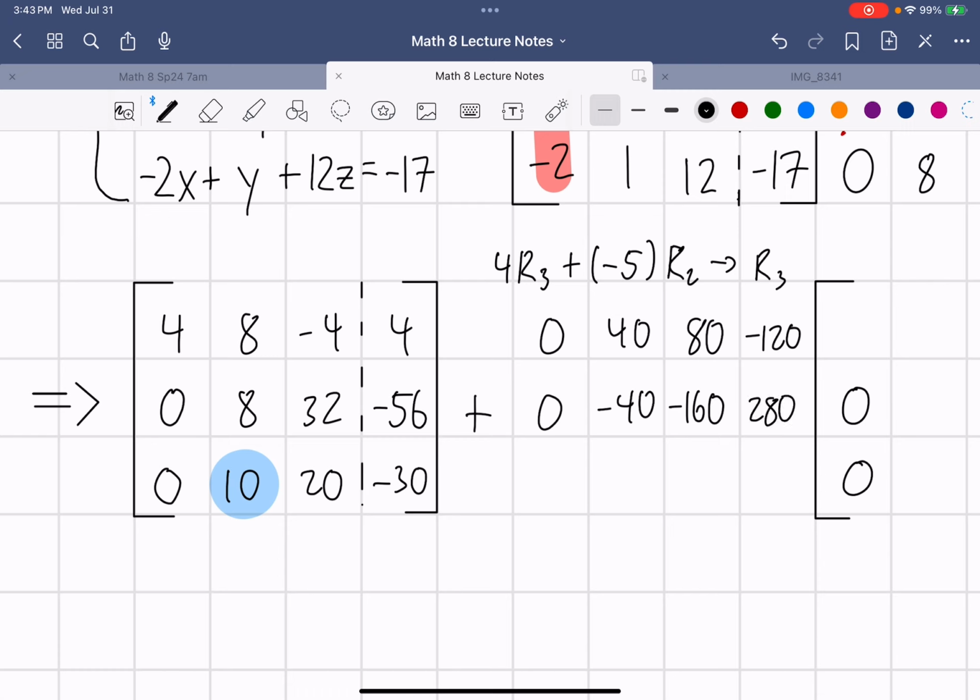Now here, you see how they cancel each other out. That first column is still 0. Now my second column is 0. And then 180 minus 160 is negative 180. And then 120 plus 280 is positive 160.